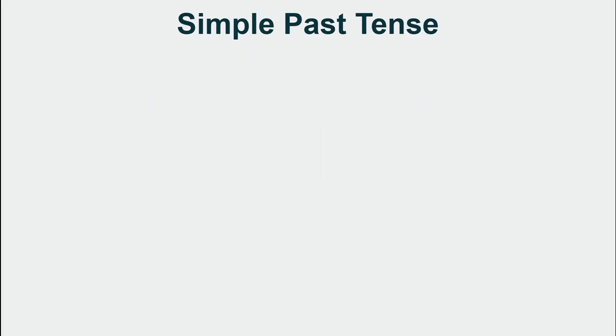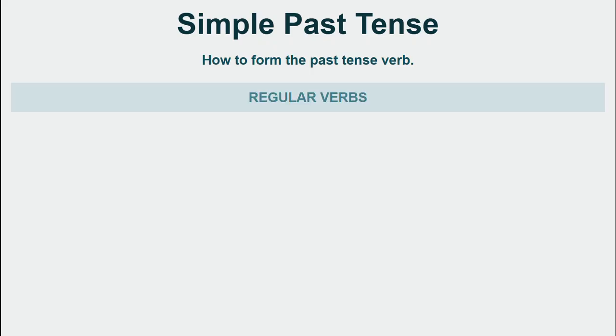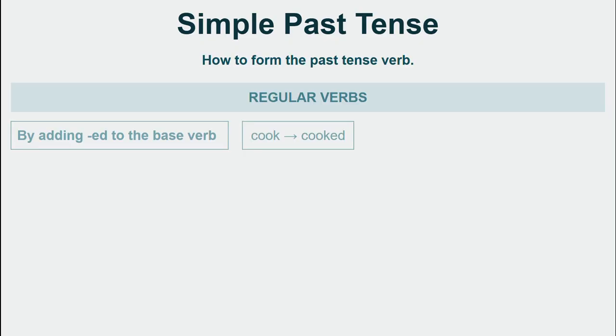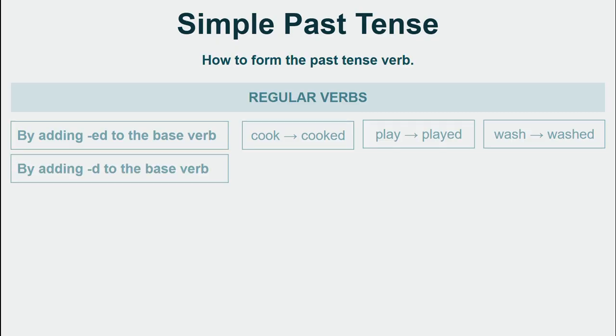Simple past tense. How to form the past tense verb? Regular verbs by adding ed to the base verb. Cook, cooked. Play, played. Wash, washed. By adding d to the base verb.